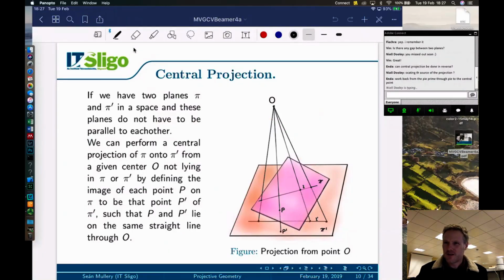Yes, as long as you know the center of the projection, you can. If you've got a point here and you've got your center of projection, you can draw a line straight through that, and it's going to pierce it at that point. So yes, is the answer to that. I think that's what you're asking me.